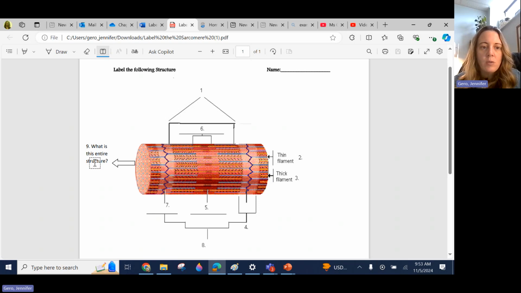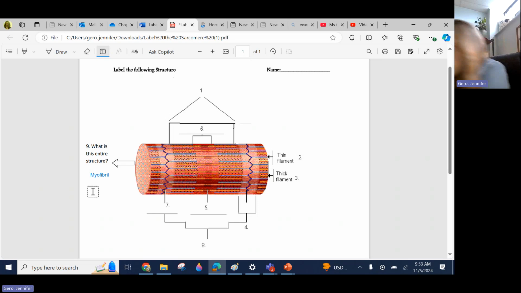Okay. So number 9 says, what is this entire structure? This whole structure here, this part right here, is a sarcomere. We can call this a myofibril. So myofibrils are the cytoskeleton of a skeletal muscle cell.